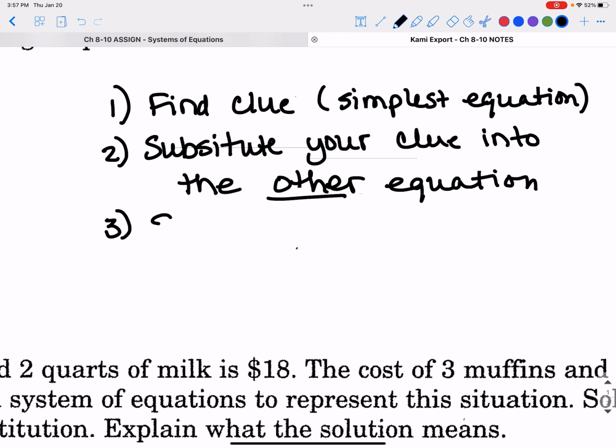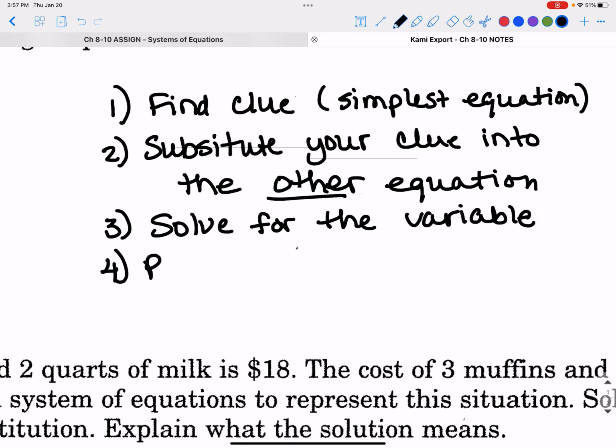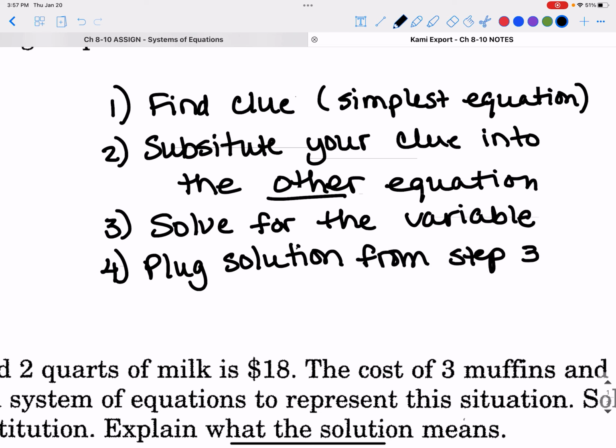Step 3 is you're going to solve for the variable, and sometimes it'll be a y, sometimes it'll be an x. Step 4 is to plug the solution from step 3 into your clue equation.